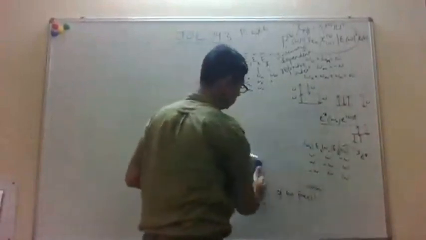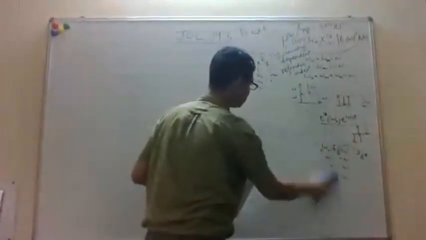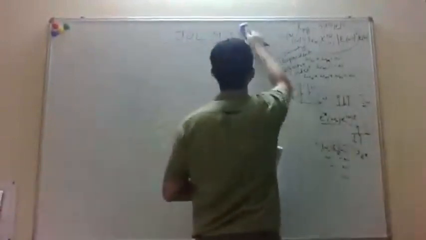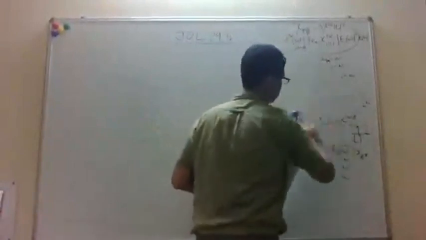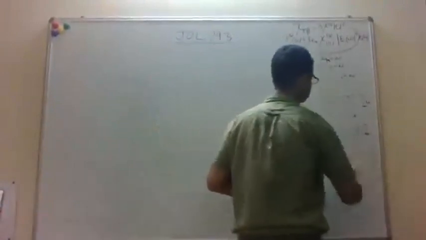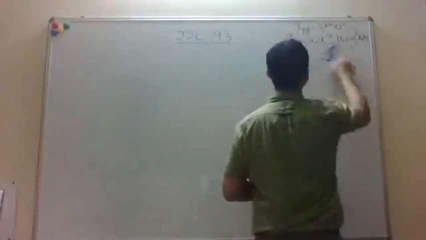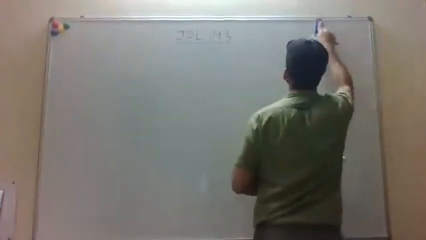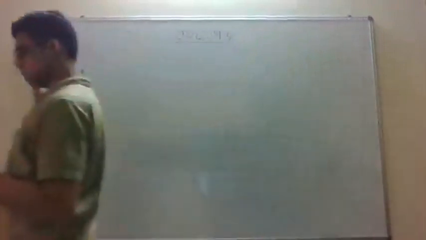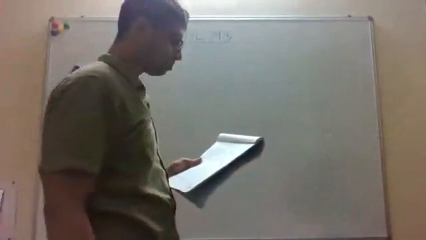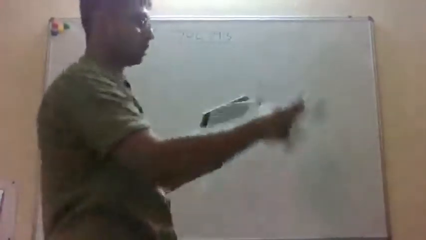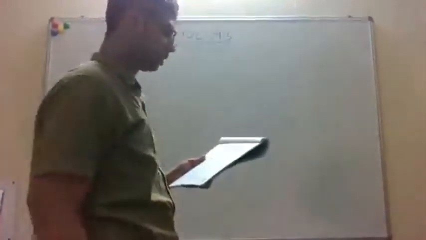If we zoom into the atomic level, typically if you look at the atom, there's a nucleus, there's an electron cloud around it.